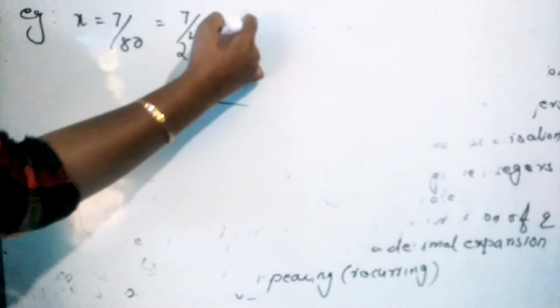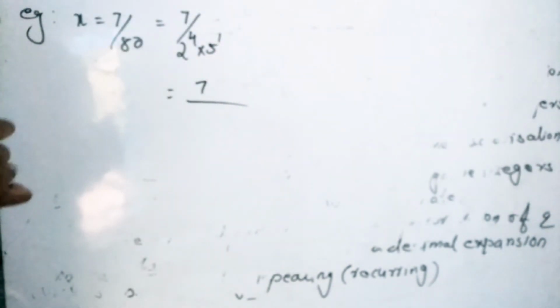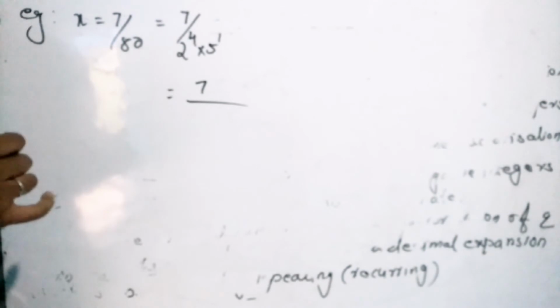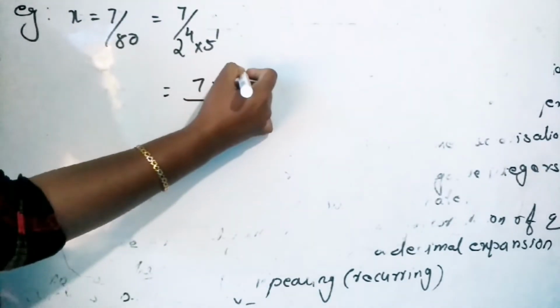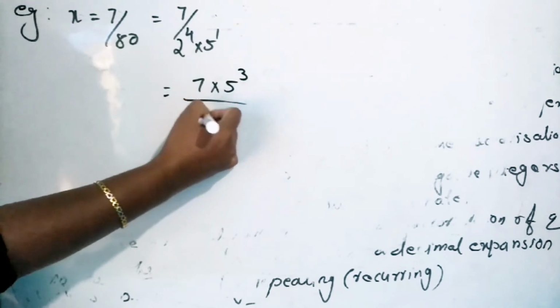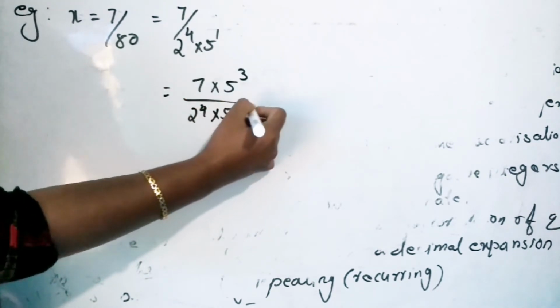So, here we already have 5 raised to 1 and we need to make it 5 raised to 4. What do we want to do? For that, we need to multiply numerator and denominator by 5 cube.